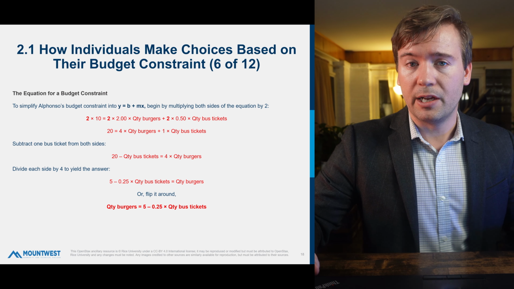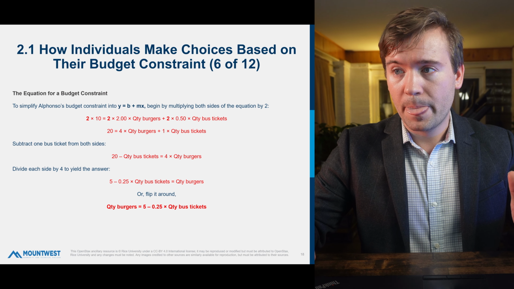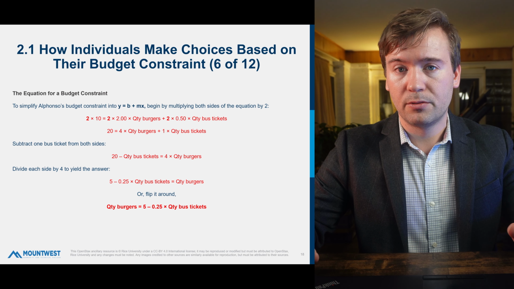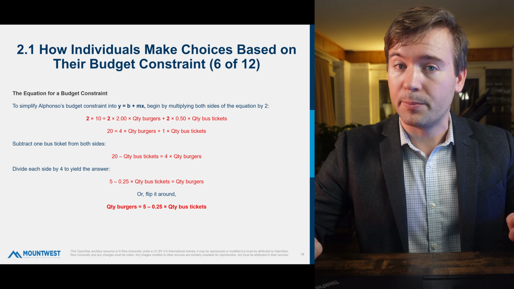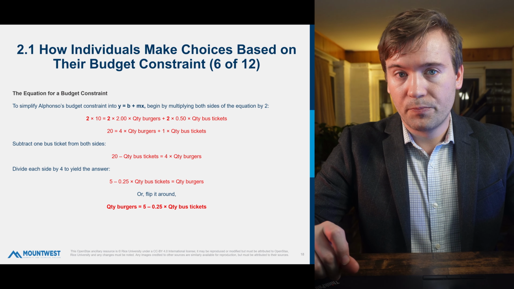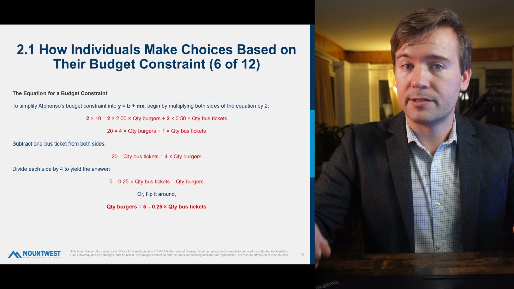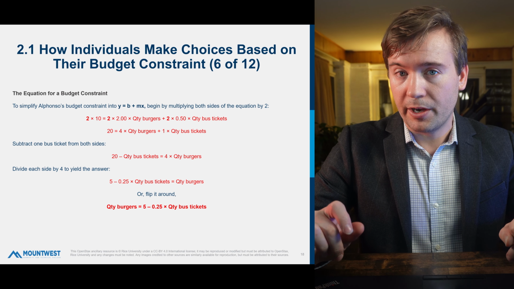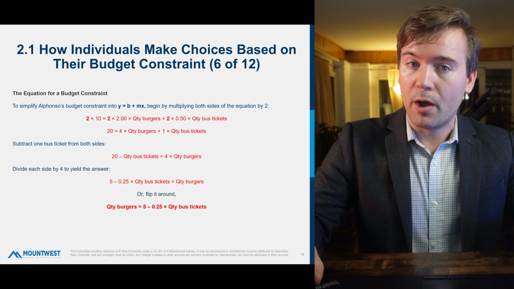On the left side, that's going to give us 20 minus a bus ticket, okay? Or the quantity of bus tickets that we decide to buy. Then we can divide each side by 4 to yield the answer that is 5 minus 0.25 times the quantity of bus tickets equals the quantity of burgers.